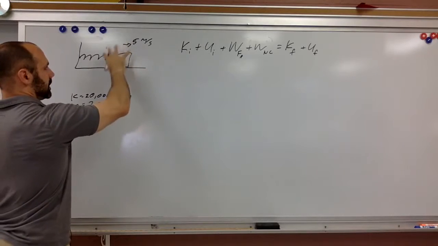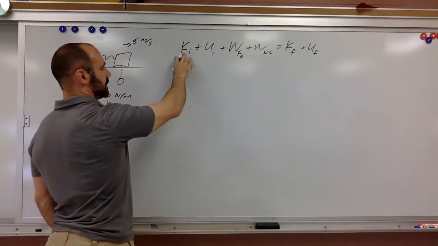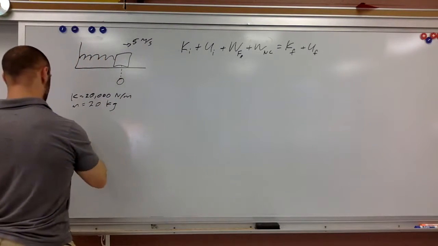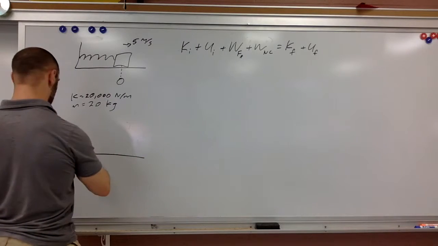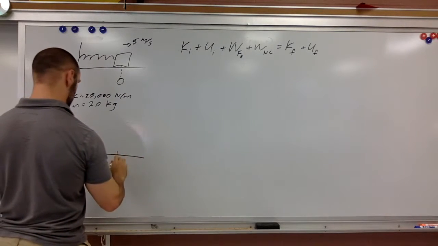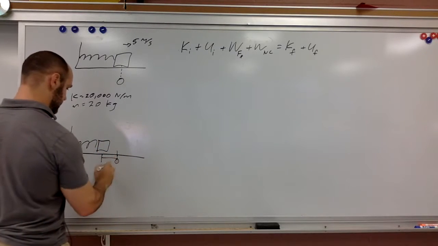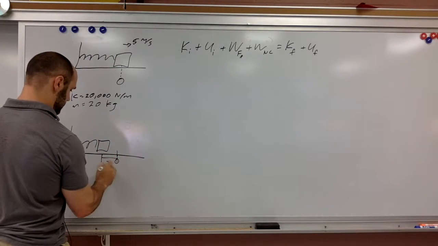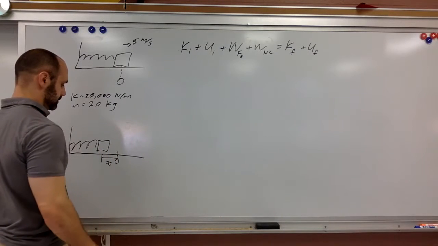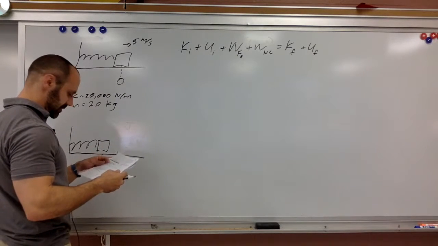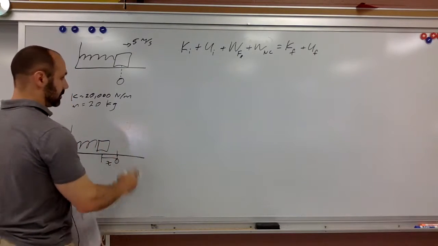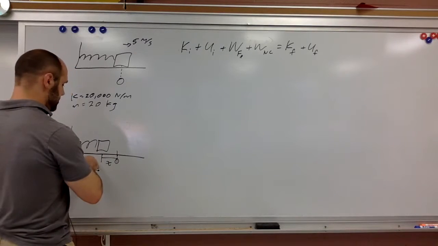This is where I have my information, so I can use this as my initial point, versus the place where it has maximum displacement, whatever this is. This, let's just call it x. All right, maximum, does it say compression? Just says maximum displacement, so that's here or over there. This is my final condition.